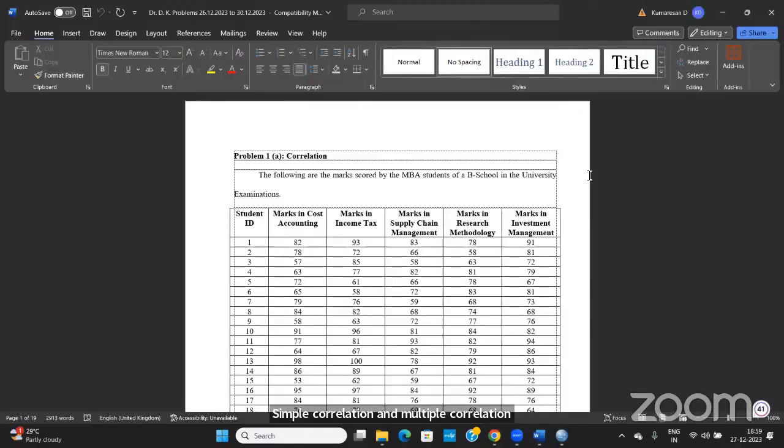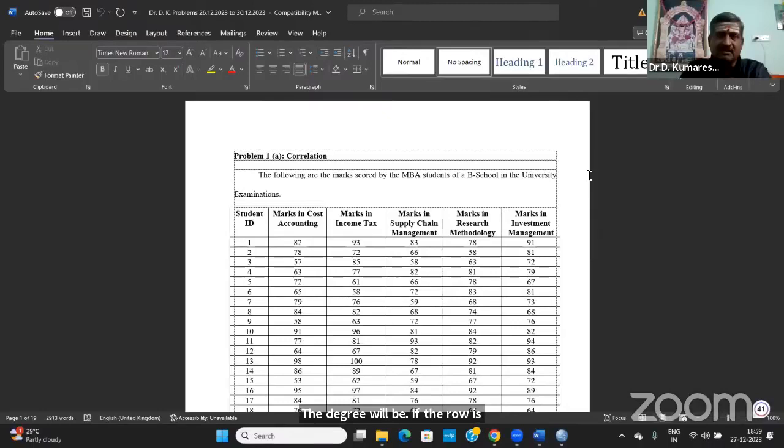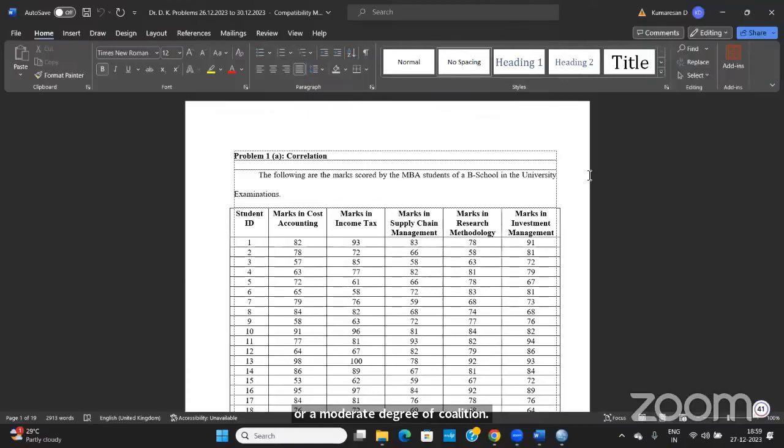The degree will be, if the rho is 0, no correlation. Between 0 and 0.25 means very low degree of correlation. Between 0.25 and 0.5, low degree of correlation. Between 0.5 and 0.75, moderate degree. Between 0.75 and 0.9, high degree.